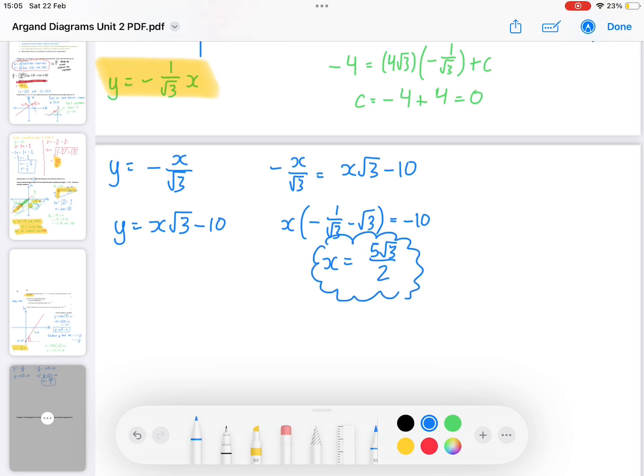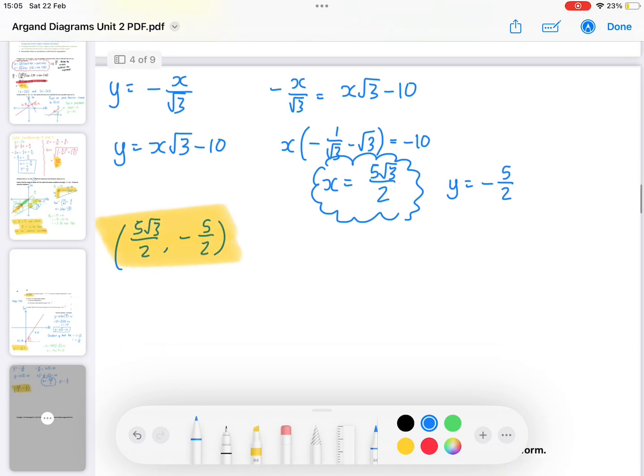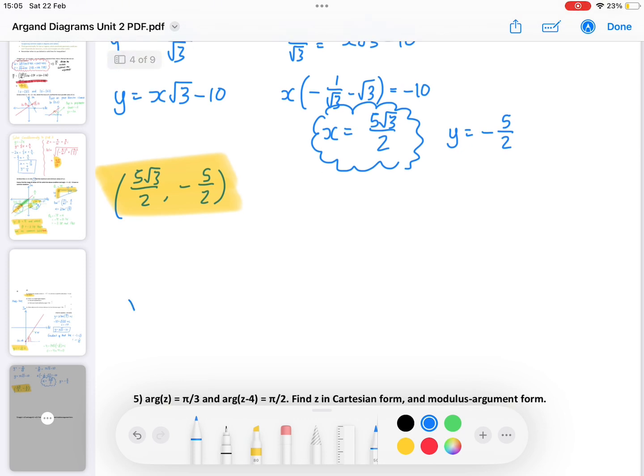And based on that, y is going to be, well, it's minus x over root 3, so it's minus 5 over 2. So that's the point that we're interested in. We have 5 root 3 over 2, minus 5 over 2. And we want to find the perpendicular distance from that point to W, which we can finally go back to Pythagoras and work out the magnitude of that line fairly easily.